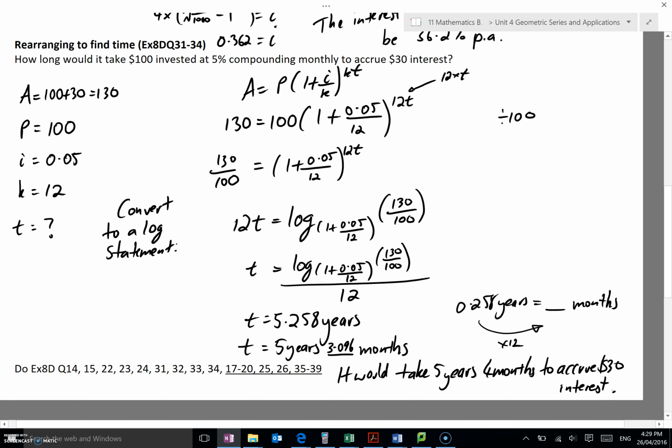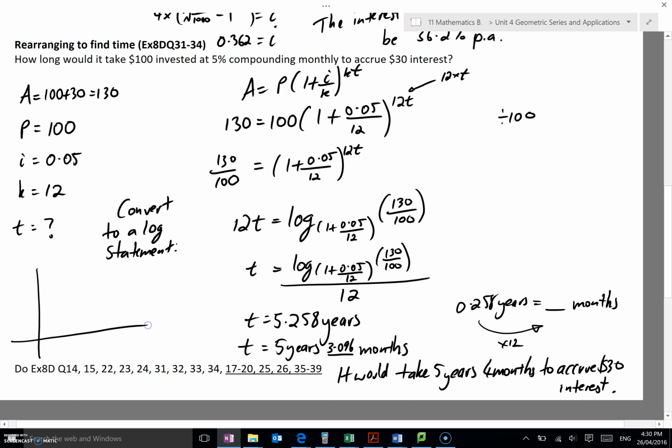Okay, always rounding up, because if you substituted in 5 years and 3 months as your time, you won't quite get 130. You'll be a little bit short. So we need to round it up to make sure that we get over the 130 mark.